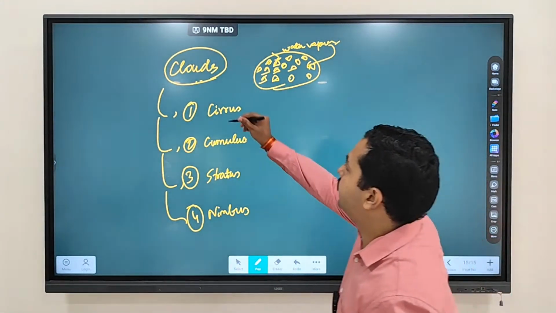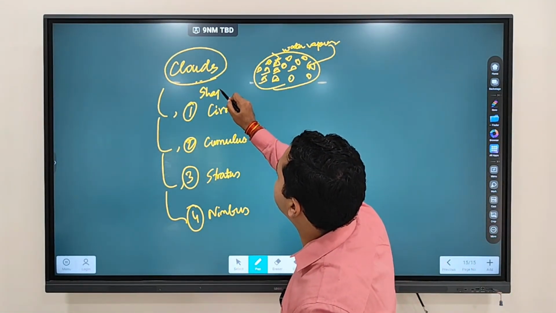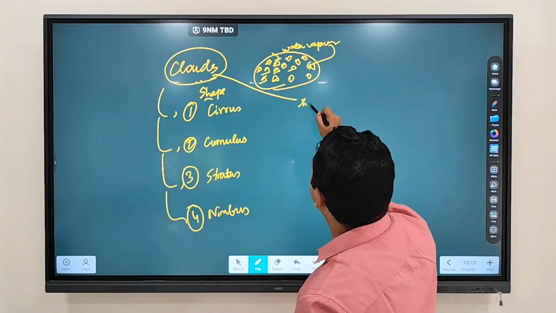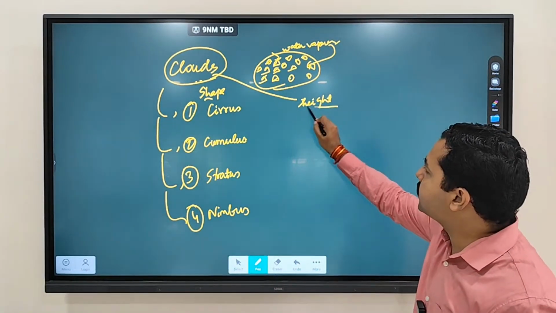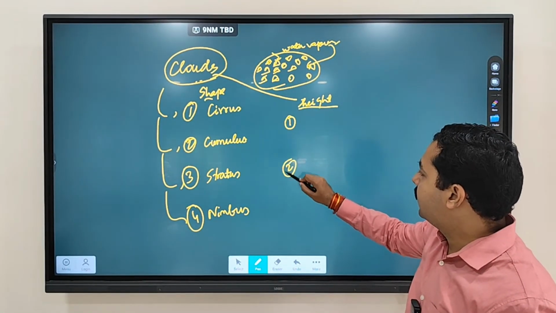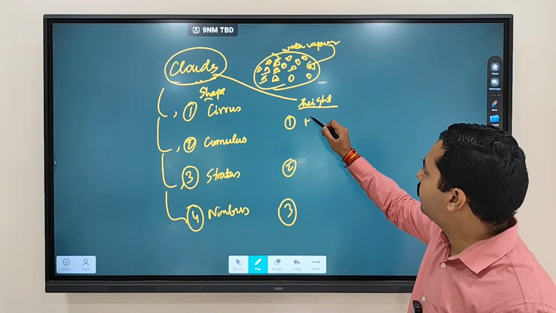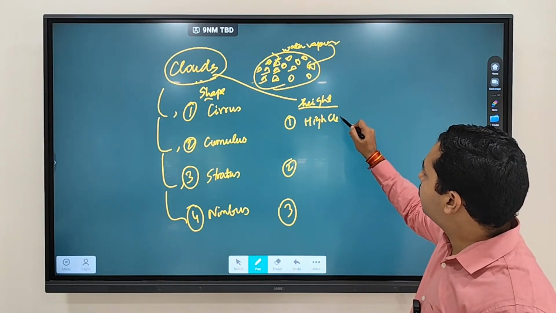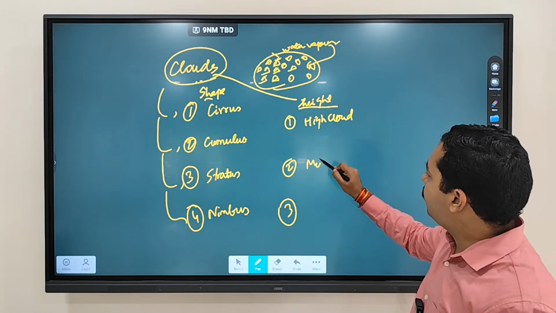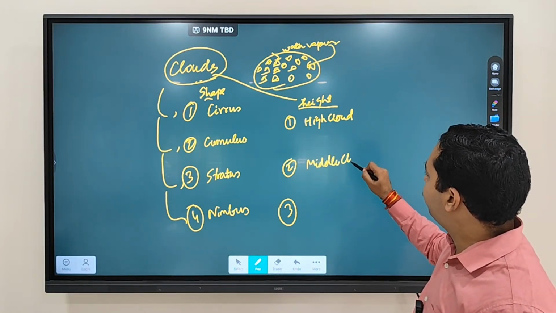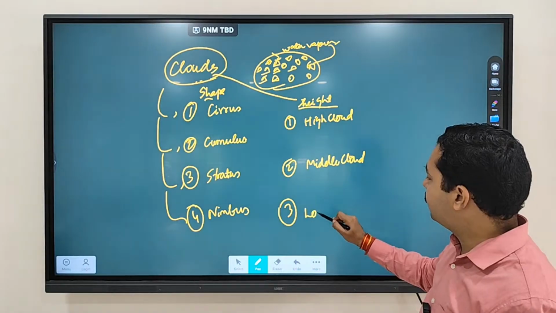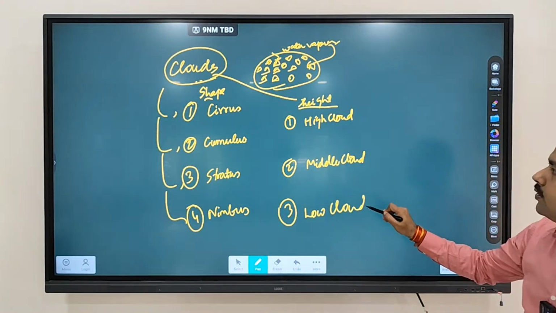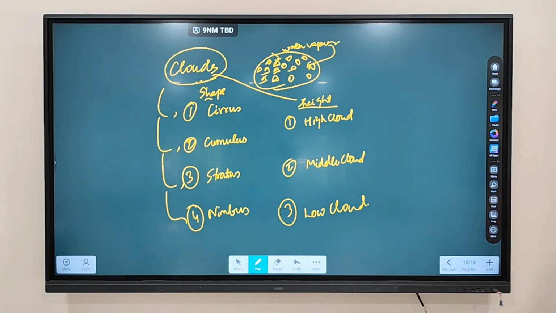So this is based on shape. Based on the height, you classify clouds into 3 types: high cloud, middle cloud and low cloud. These are based on height.